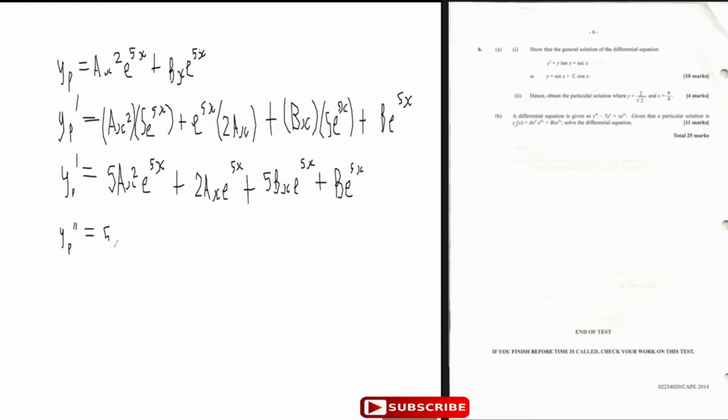We keep the first, 5ax squared, times the derivative of the second, which is 5e to the 5x, plus we keep the second, e to the 5x, times the derivative of the first, which is 10ax, plus we differentiate 2ax e to the 5x: keep the first, 2ax, times the derivative of the second, e to the 5x times 5, so I'm just going to put 10ax e to the 5x, plus keep the second times the derivative of the first, which is 2a e to the 5x.